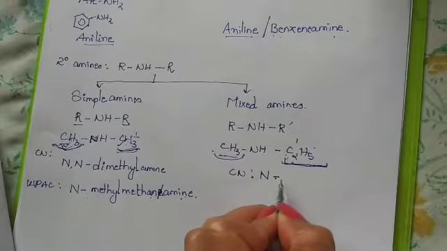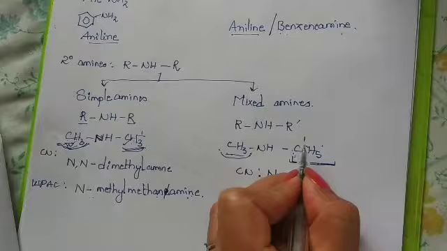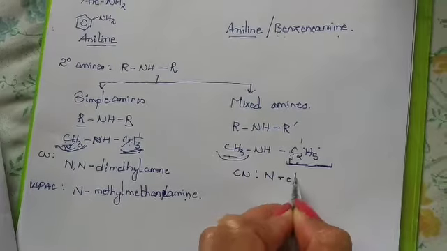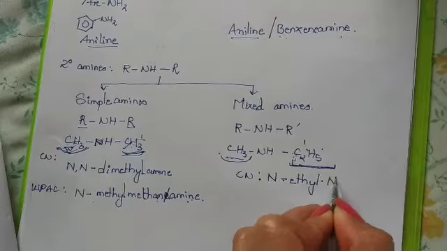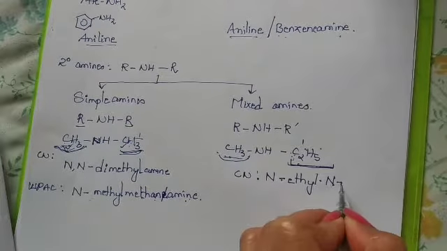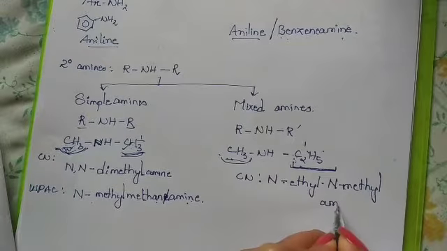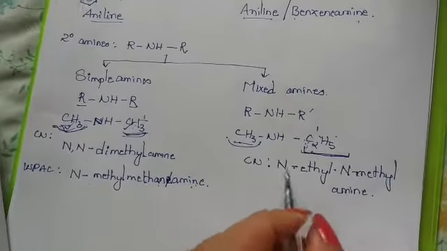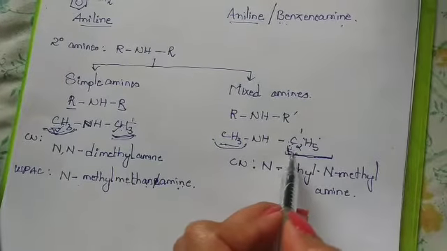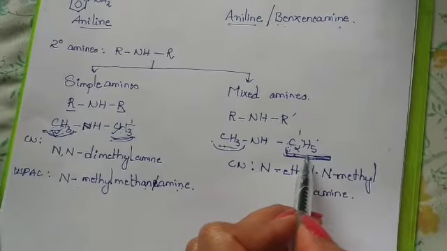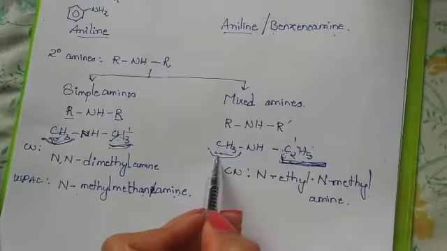We write the main chain first, so two carbon atoms: N-ethyl methyl amine. Please keep in mind that the longest, biggest chain will be considered the main group chain, and the smallest chain will be considered a substituent.